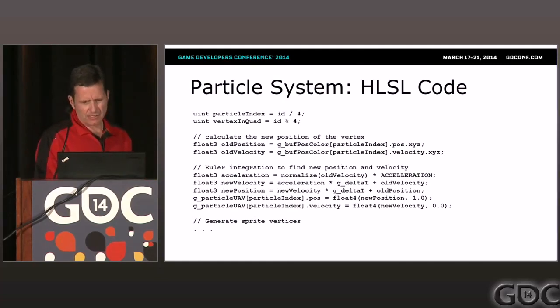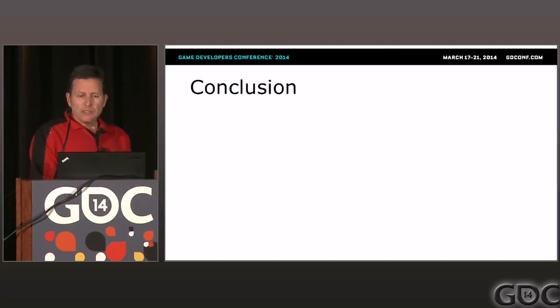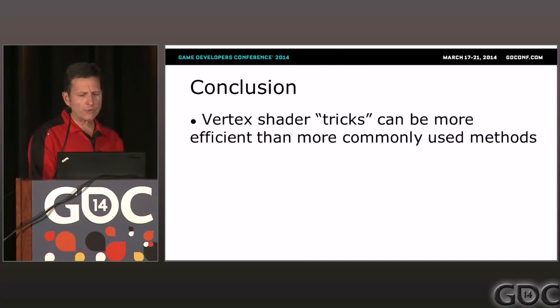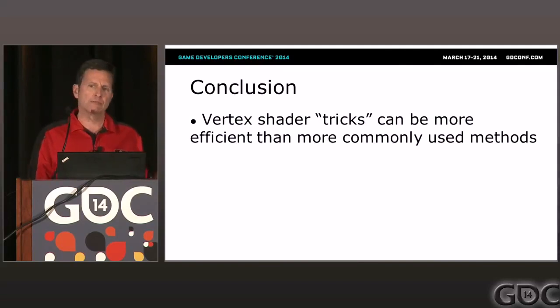And yeah, that's about it. So just to go over some of the takeaways of this. These vertex shader tricks can be more efficient than some of the commonly used, maybe naive methods of using the vertex shader.